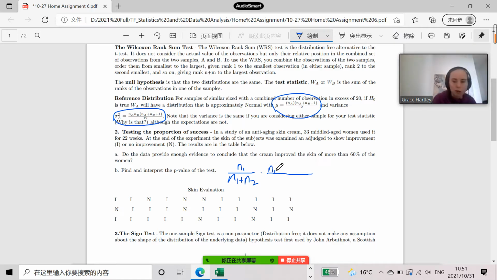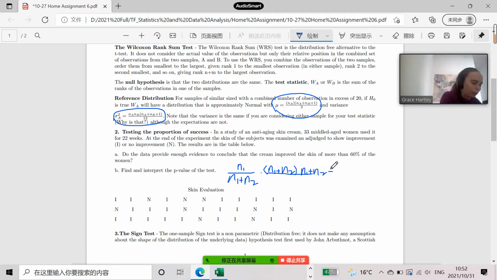So first, you could write down those formulas. Those are two formulas that you can use to calculate the mean and the variance.